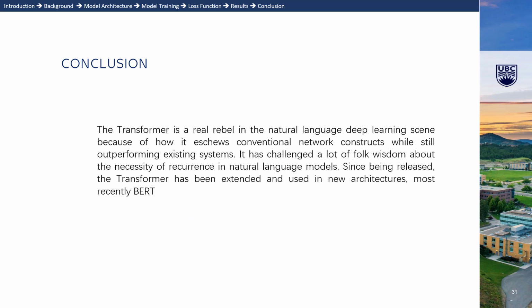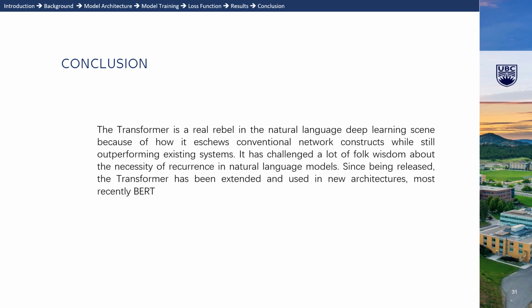To summarize, in this paper the researchers presented a new model architecture called the transformer, the first sequence transduction model based entirely on attention. It replaced the recurrent layers with multi-headed self-attention.